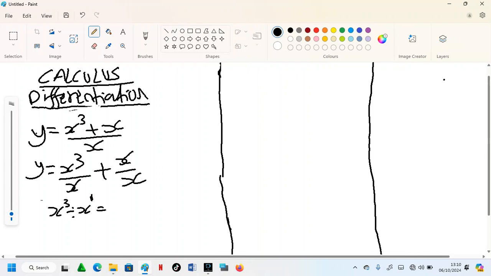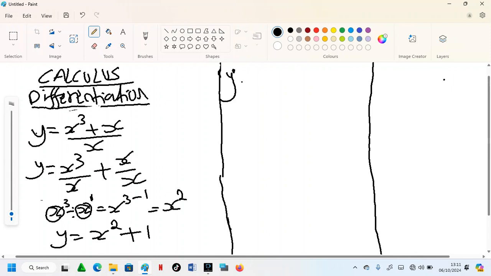And the law of indices says that if you have the same base, you just subtract the power so that you have x to the power of 2. So we are going to have y being equal to x to the power of 2 plus 1, and therefore now we can find the derivative for that. So let me this time round use y prime. Remember, y prime is just the same as dy dx.